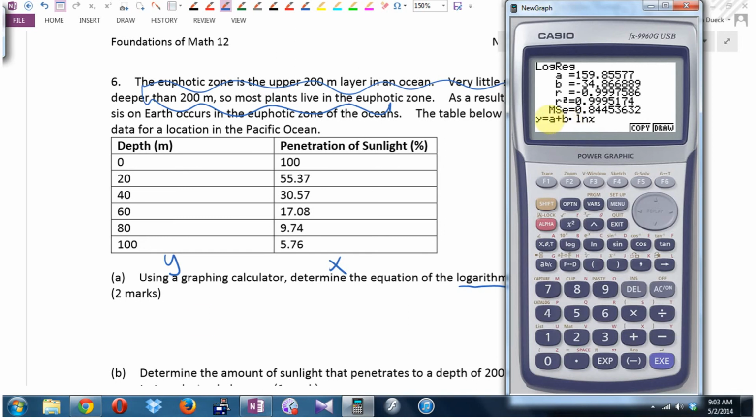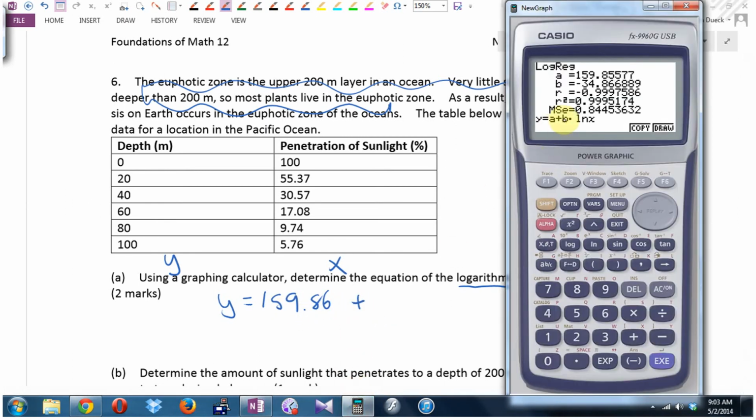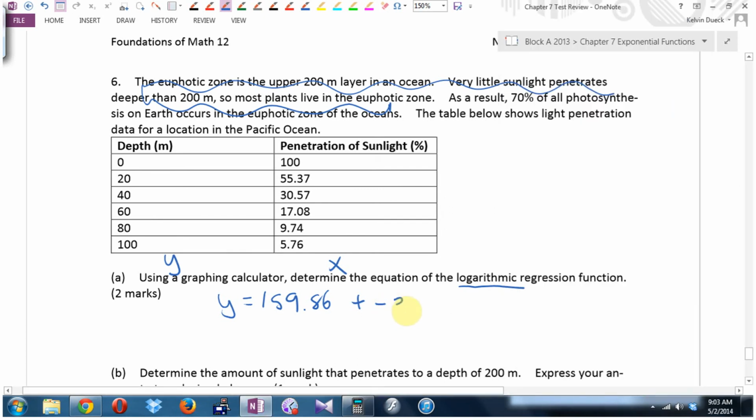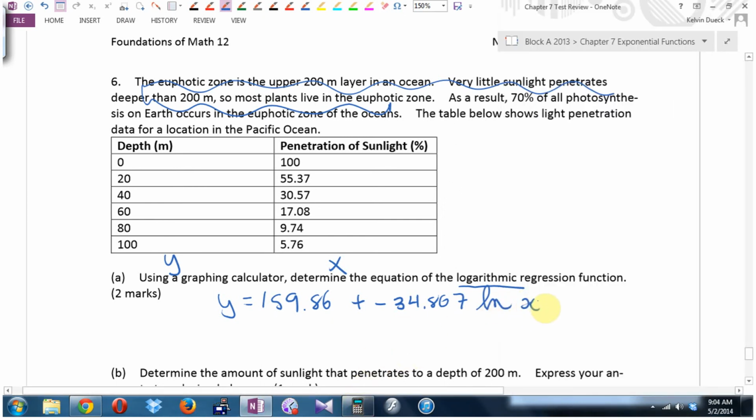So the logarithmic regression equation is y equals 159.86 plus, there's a plus, b, negative 34.867, natural log of x.